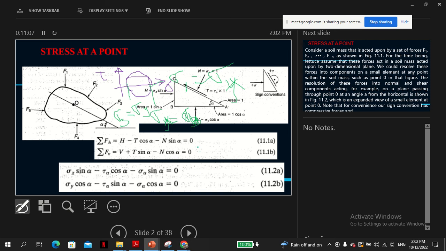So the radius of the circle would be sigma x minus sigma y over 2. And the center is sigma y plus sigma x over 2, and 0.